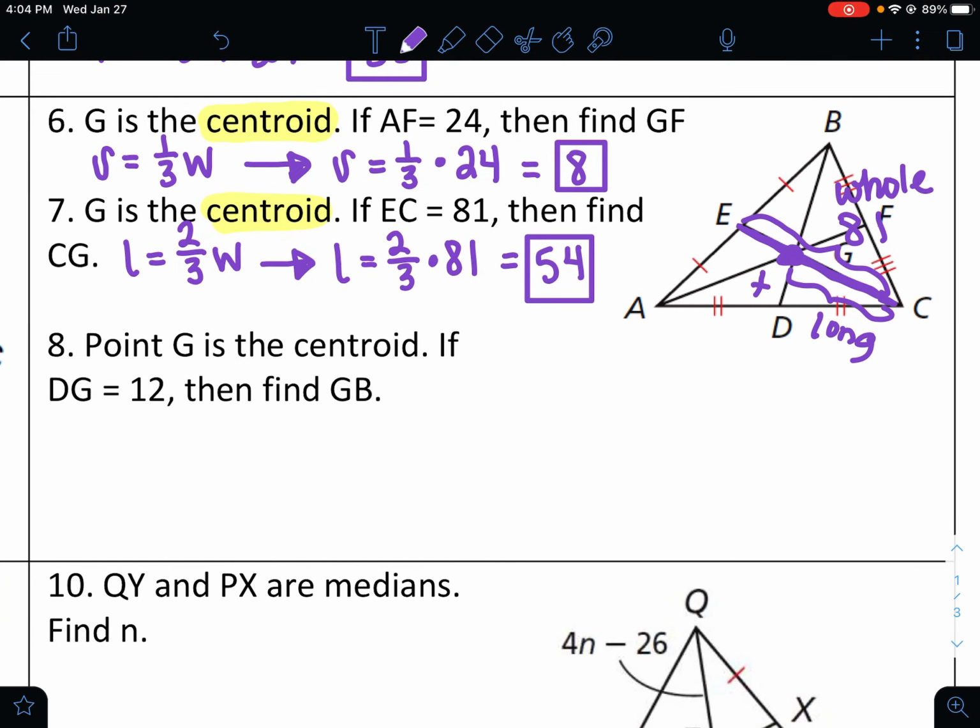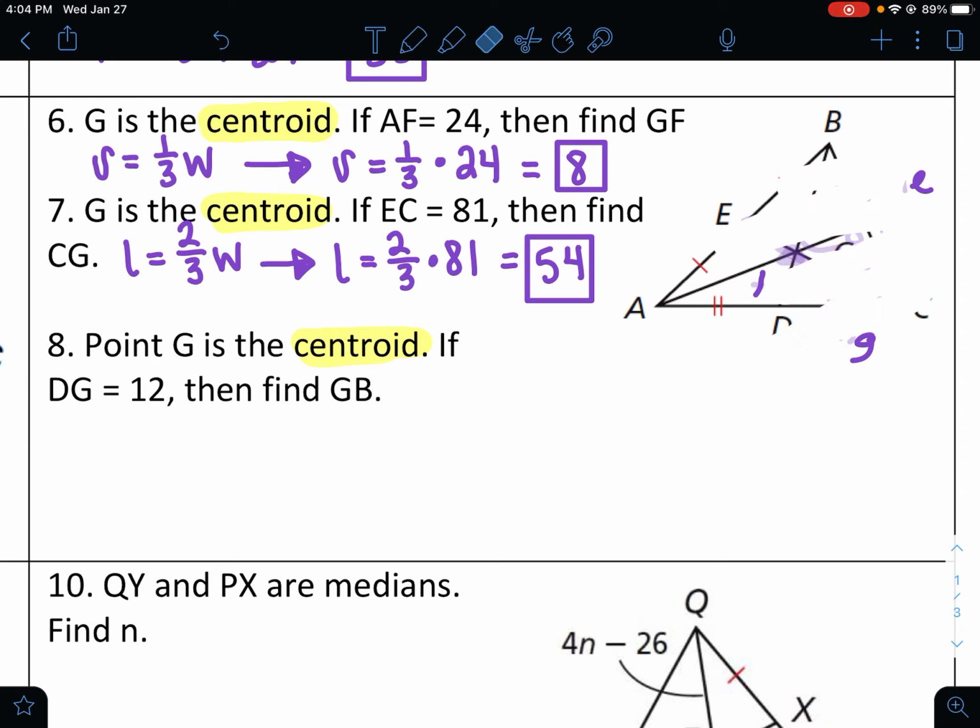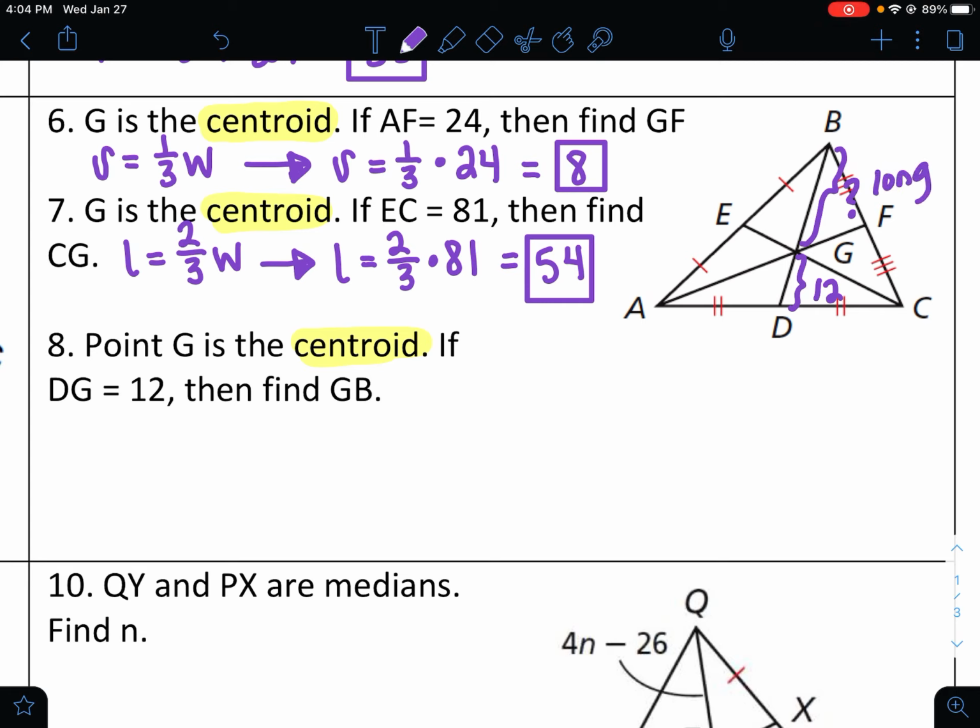All right, number 8, point G is the centroid. Again, this is a median problem, and point G is the centroid. If DG is 12, find GB. So let me go ahead and erase all of that. DG, so that's this little part right here, is 12. And we're asked to find GB. We don't know. Now, you can tell by looking, this is the long, this is the short.